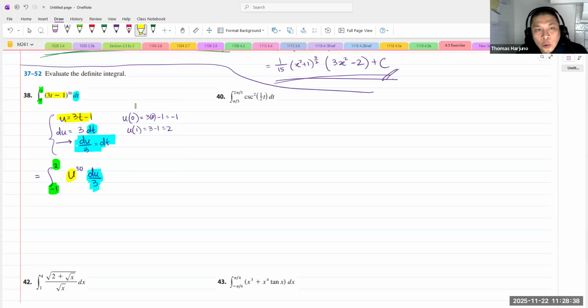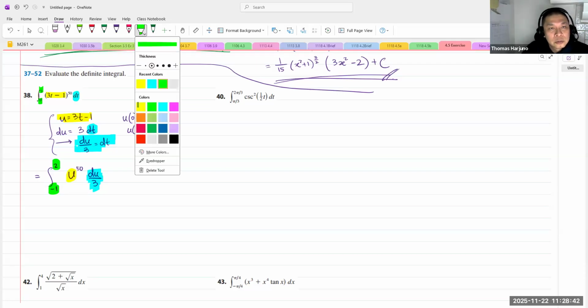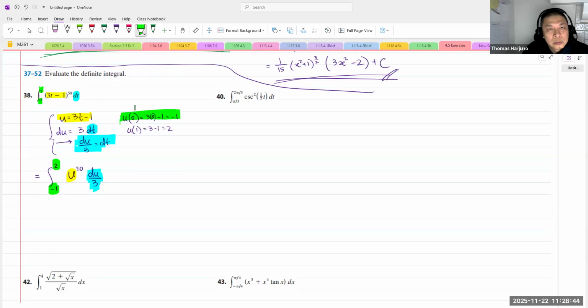So I show you all the substitution here. You know what? Let me highlight this also. Okay, so I have that 1/3 out. Integral of u to the 50 is 1 over 51 u to the 51. Hey, it's such a big number. I think I would just leave it like that.